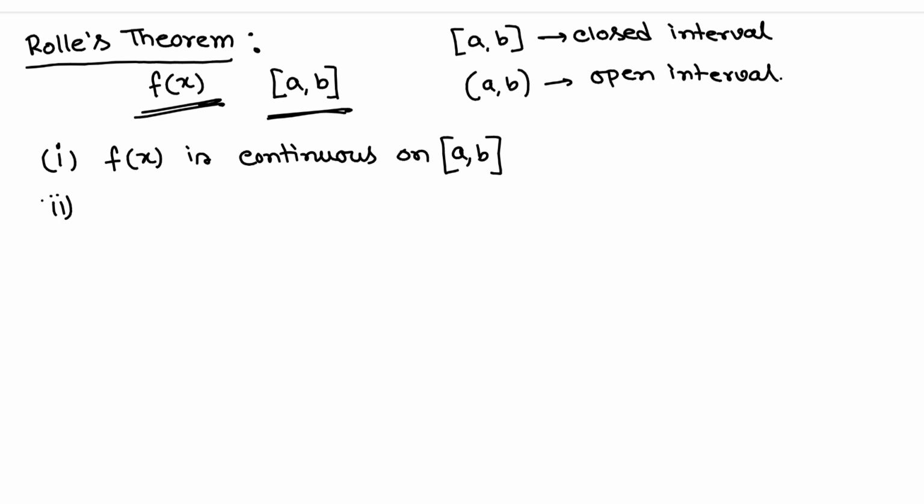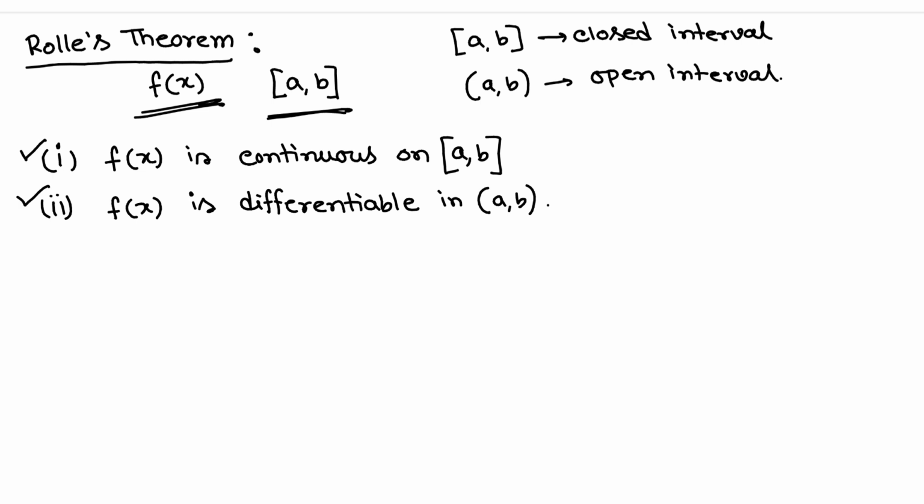Second condition is f of x is differentiable in the open interval (a, b). And the third condition is that the functional values at the endpoints are equal, so f(a) equals f(b).